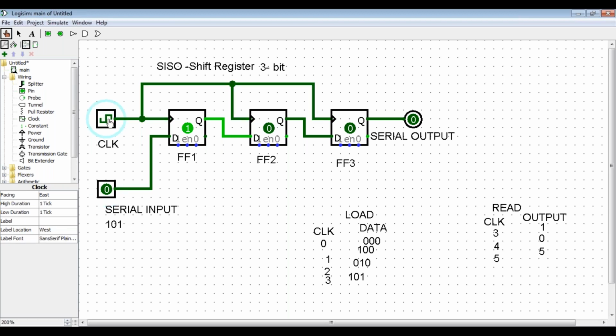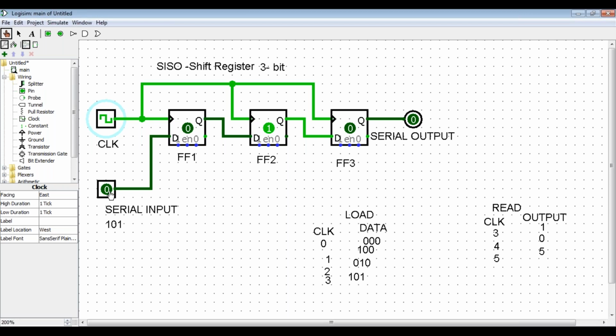I'm applying my second clock pulse. The second value 0 is loaded in the first flip flop, and whatever data was present in the first flip flop is shifted to the second flip flop. The 1 that was here has moved to the second flip flop. So with the second clock pulse, the output is 0 1 0.